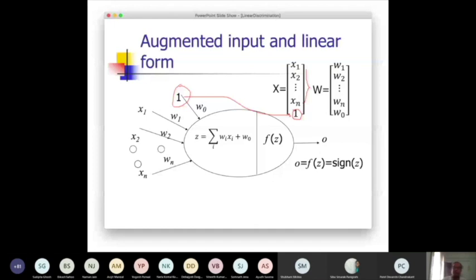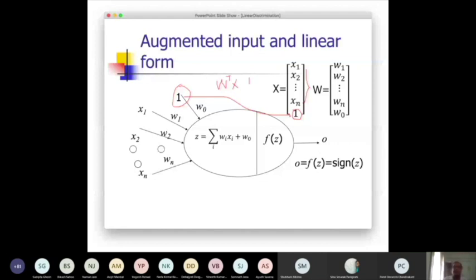Now this linear function becomes a truly linear operator with respect to W and X, because you can express it simply as W transpose X without requiring the constant term. Is it clear? What was the problem with the constant term?